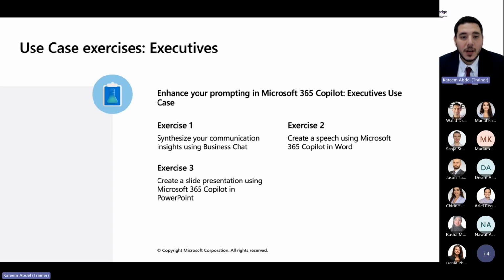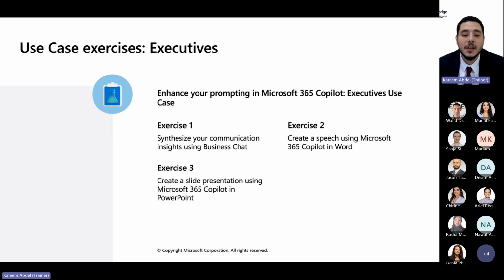Okay, so we'll begin with the executive persona. As executives and leaders, strategists, these individuals will be responsible for a large team or multiple teams at times, a lot of projects that could be happening simultaneously, a lot of communications that are coming in, a lot of meetings that are happening, Teams chat conversations, email inboxes with threads, and everything in between.